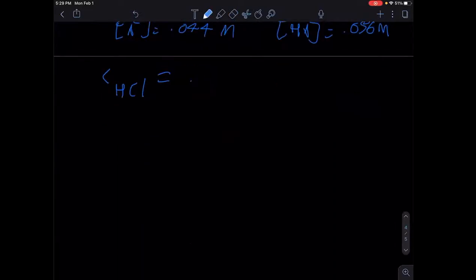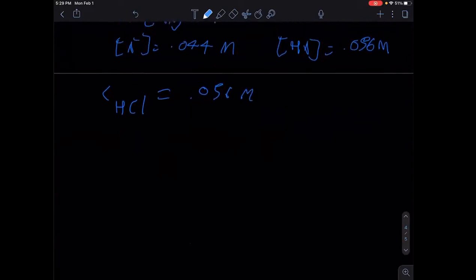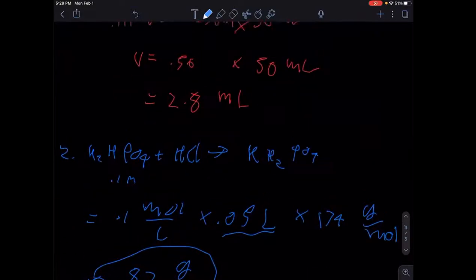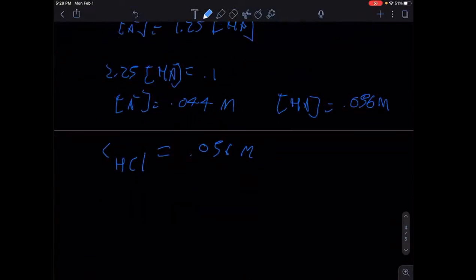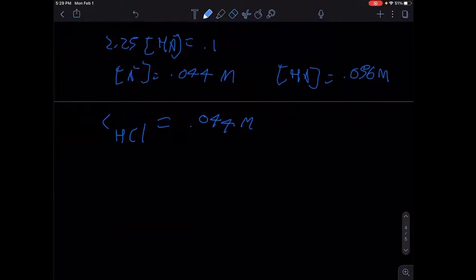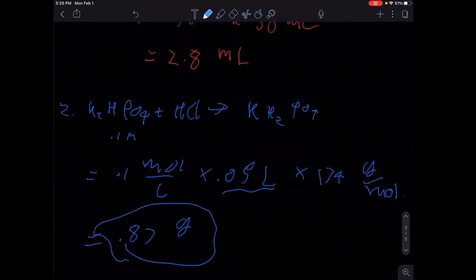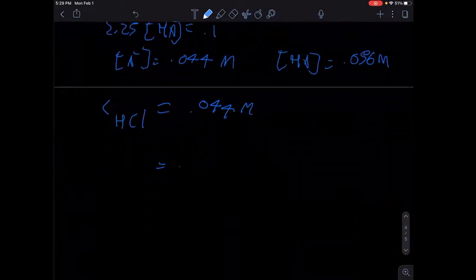So it should be 0.056 molarity, and then it should be 0.044, right? And if we do the calculations, this should give us 2.2 this time, 2.2 liters, right?